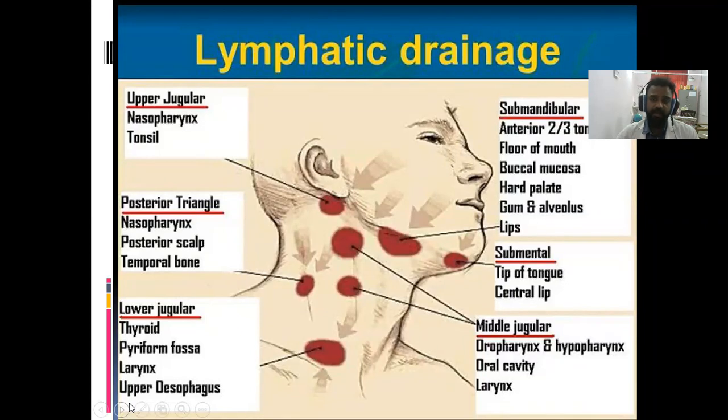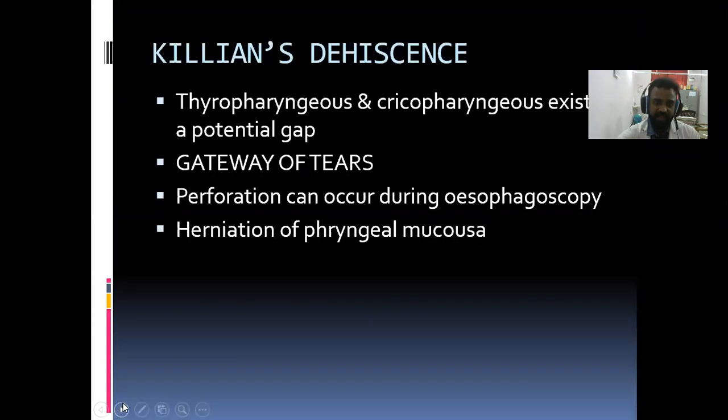The submandibular nodes drain the anterior two-thirds of the tongue, floor of mouth, buccal mucosa, hard palate, gum and alveolus, and the lips. The submental nodes drain the tip of the tongue and the central lip. The middle jugular nodes drain the oropharynx, hypopharynx, oral cavity and larynx.